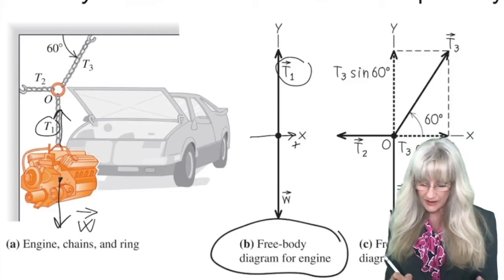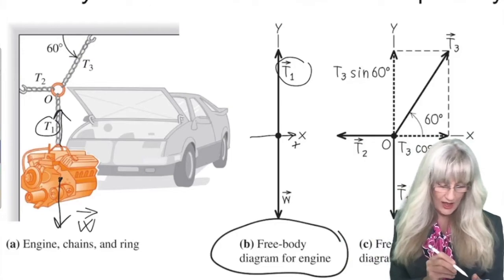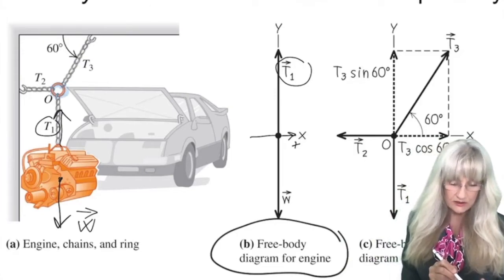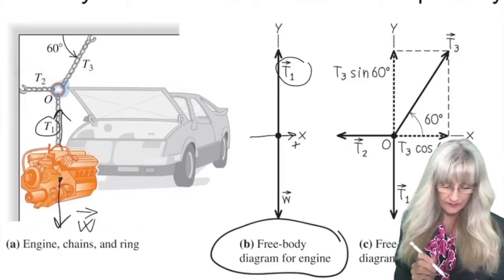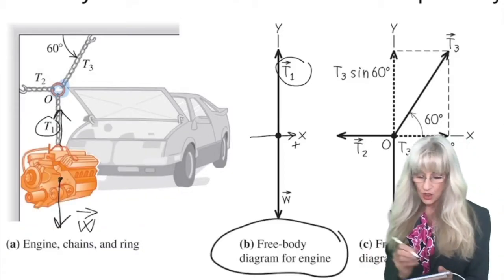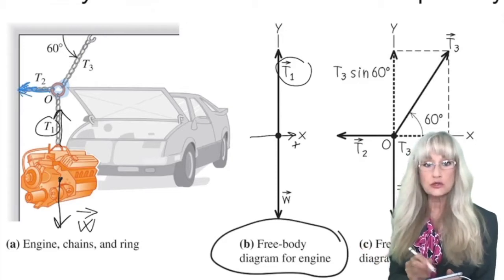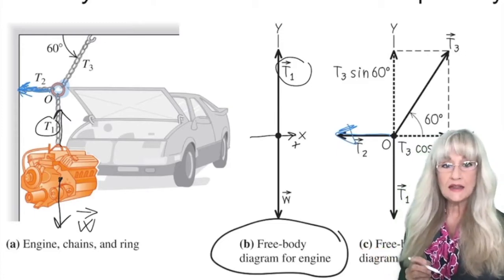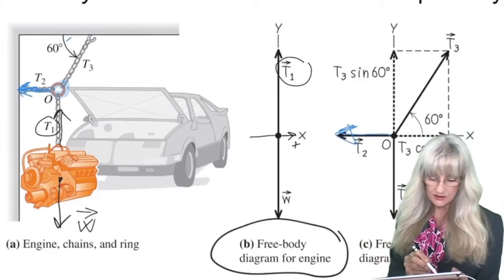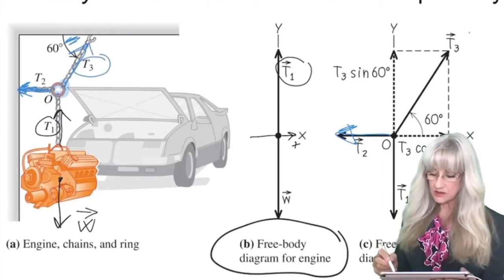As for the free body diagram for ring O, let's recall what we have right here in ring O. You have a force called T2 pointing in this direction. You have, at an angle of 60, this is the angle, and this is T3 right here.